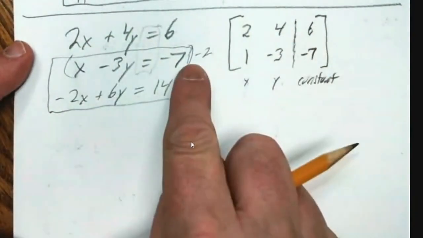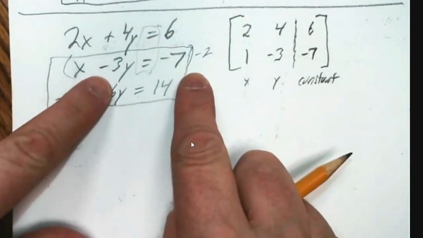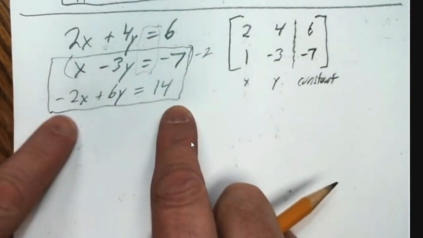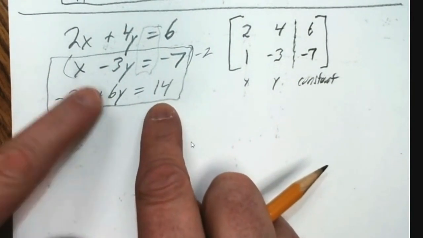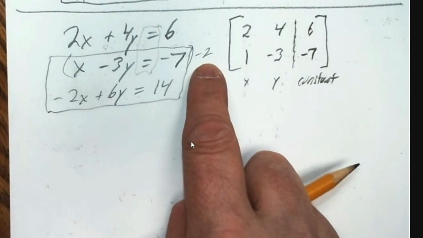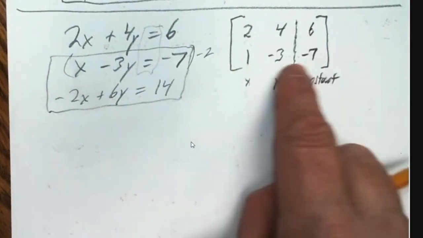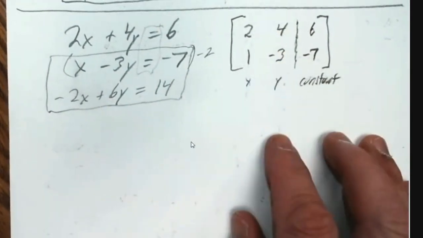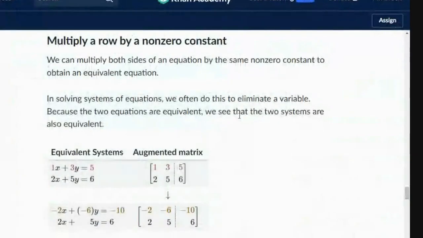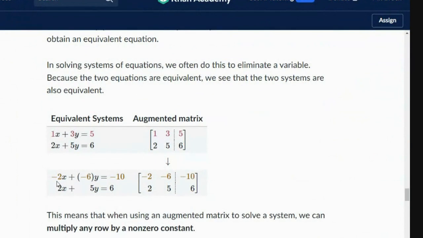Since I multiplied both sides of the equal sign, it's still equal. -2x plus 6y would equal 14 because x minus 3y equals -7, and I just multiply it by -2. So that's why we can do that to any one of these rows. We can multiply it by a -2 or something. It doesn't change what x and y equals. So they multiplied theirs by -2 to change the equation.